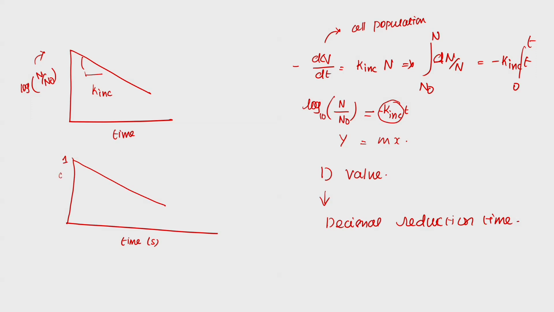So that is 1, then this is 0.1. The next one is 0.01, the next one is 0.001, then 0.0001, then next is 0.00001, right. So it says about 1 log reduction. 1 log reduction in the sense that 90% of microorganisms get killed.